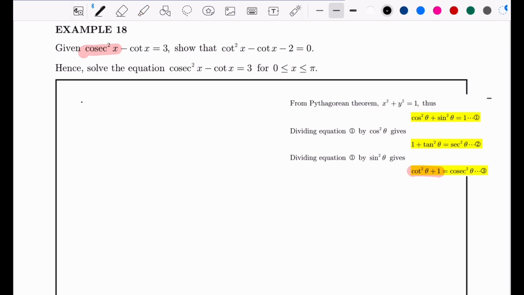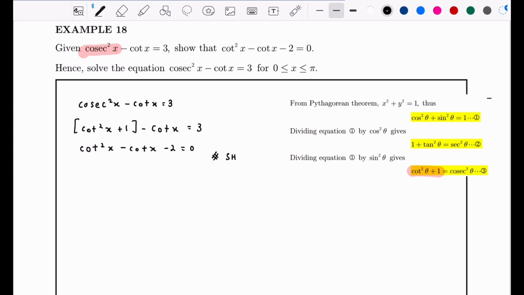So first copy down the equation, cosec squared x minus cot x equals 3. Then substitute cosec squared x with cot squared x plus 1, minus cot x equals 3. Rearrange. So cot squared x minus cot x, 1 minus 3 becomes negative 2.